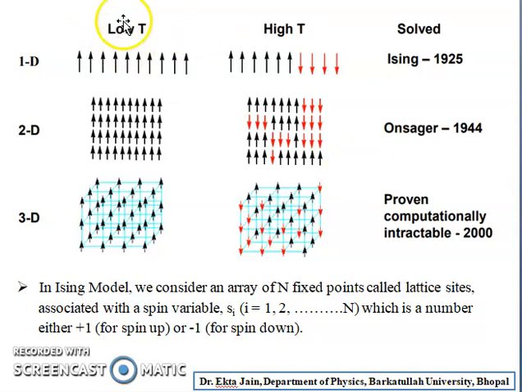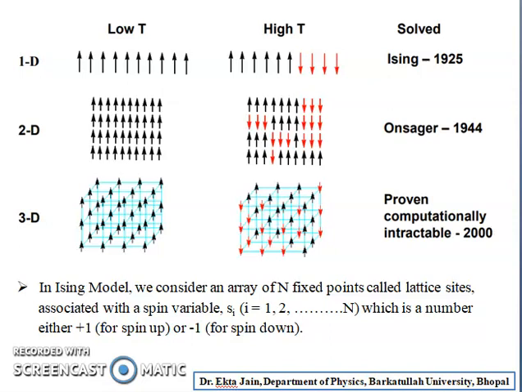Here we can see that at low temperature there are aligned spins, while when we increase the temperature, the alignment gets disturbed. The one-dimensional model was given by Ising in 1925, while the two-dimensional was given by Onsager in 1944, and the third was given in 2000.